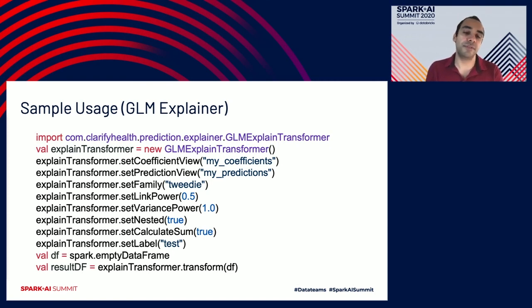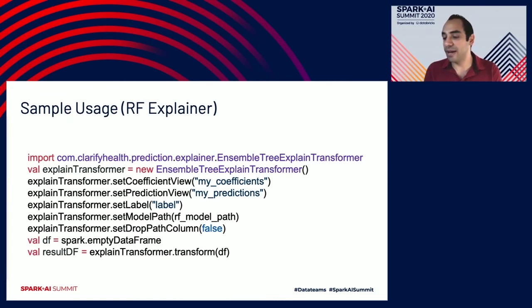And then you define if you want the prediction explainer to come out as a nested array column, or you want separate columns, and a bunch of other attributes that you can set. So please refer to the README file. There's detailed explanation of those. And at the end of the day, it's just a transformation. You give it the original data frame, and then it creates an additional column, which is the feature contributions column, and you have your prediction explainer there.